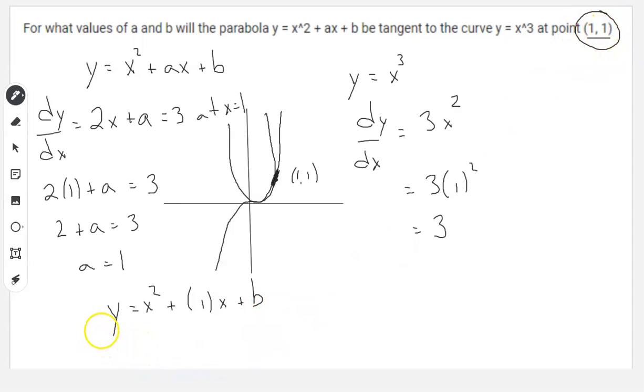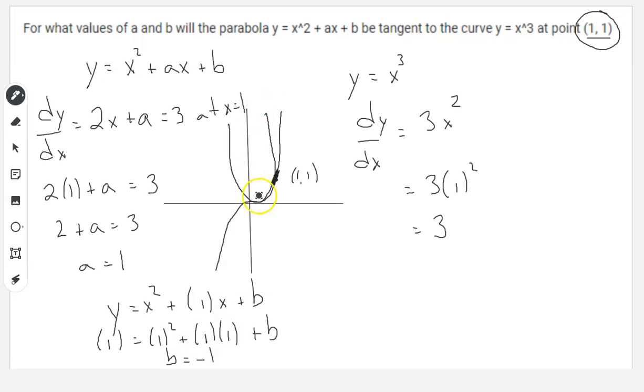So the coordinates are just (1, 1). So y is 1, x is 1, plus the value for a, the value for x. Very easy: 1 equals 1 plus 1 plus b. So 1 equals 2 plus b. So b then equals negative 1.